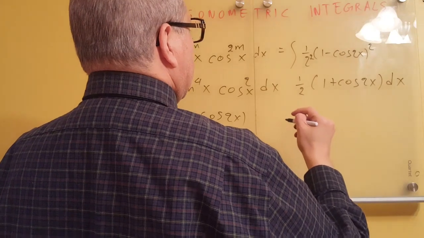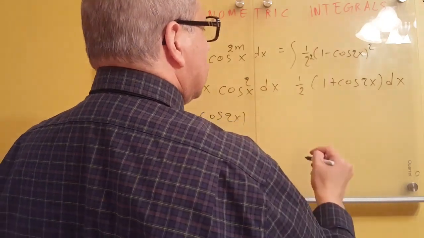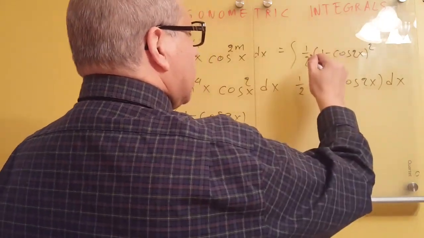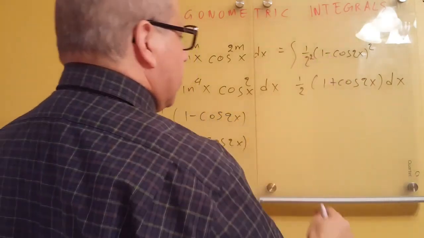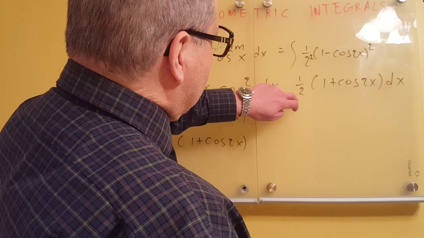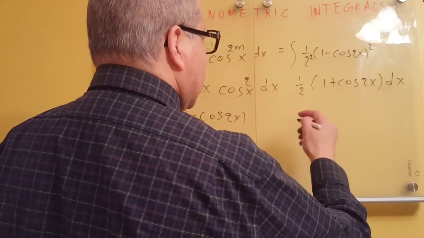Now when you have 1/2 to the power of 2 and 1/2 also to the power of 1, that's 1/8.